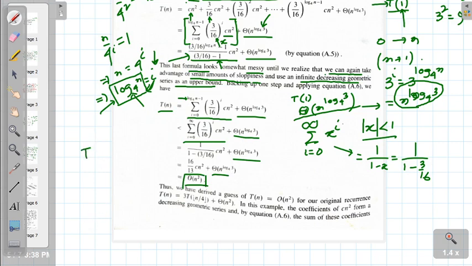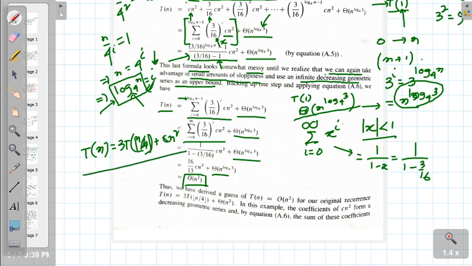So this Tn, the recurrence was 3T(n by 4 floor) plus Cn square.